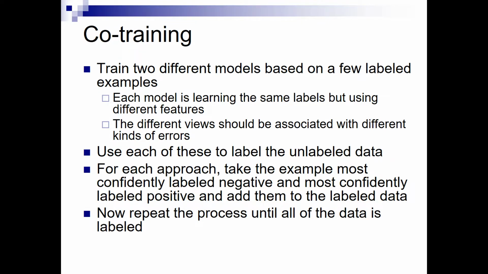What that means is that the instances that one model labels very confidently are most likely labeled very unconfidently and possibly incorrectly by the other model. So whereas if you were doing semi-supervised learning with only one representation, you would probably get some instances right and some instances wrong.